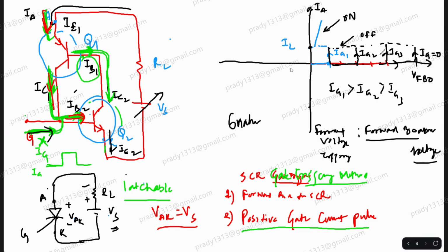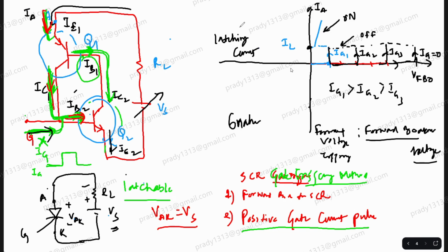So what you need to do to turn on SCR, you need to make the current flowing through the SCR cross the latching current. Is it clear? How do you define latching current?